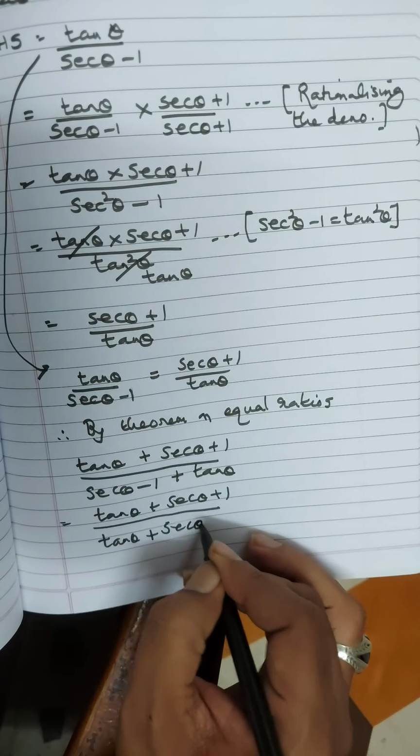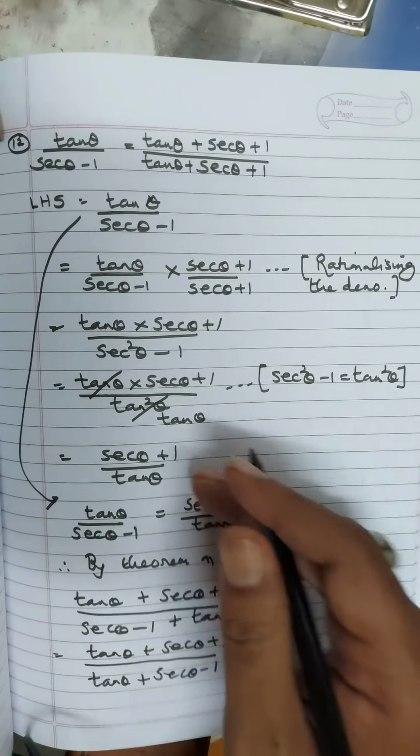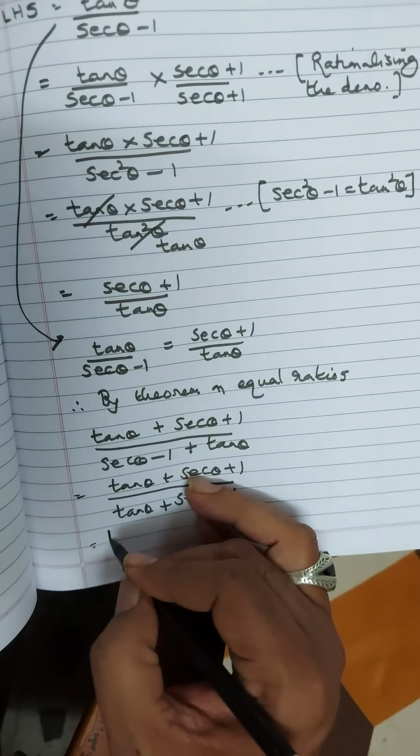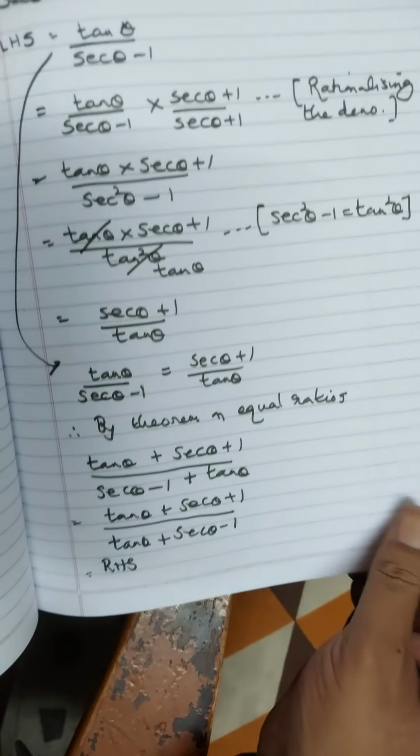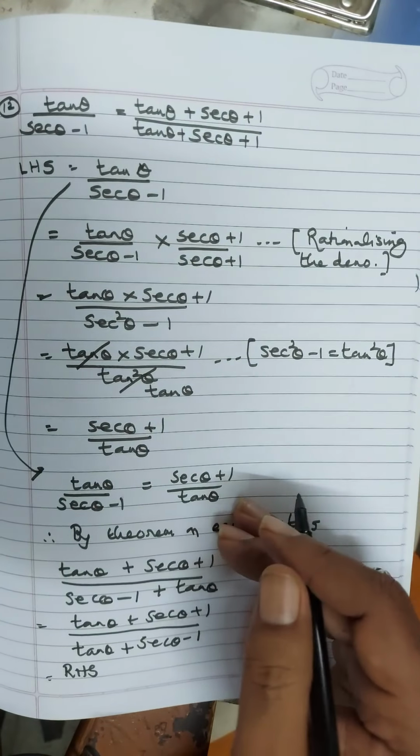So this is the question. We got the answer, so we write here RHS, the right hand side. This is also very simple, and it is a different question, the theorem on equal ratios, which we need to write down.